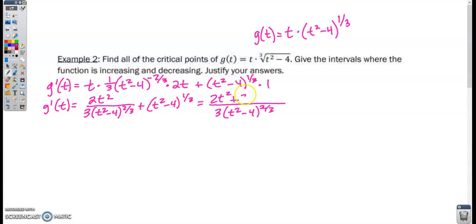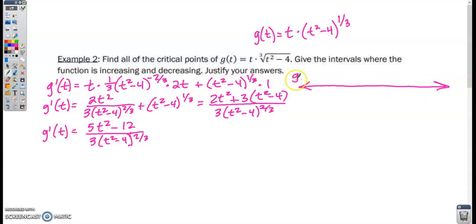When I do that, that gives me a plus 3 times the quantity t squared minus 4 to the 1st when I add my exponents. And so I'm going to go ahead and simplify this, and I end up with g prime of t is equal to 5t squared minus 12 all over 3 times the quantity t squared minus 4 to the 2/3. That's a really bad 3, sorry about that. A little better. All right, and now we're going to establish our sign chart.